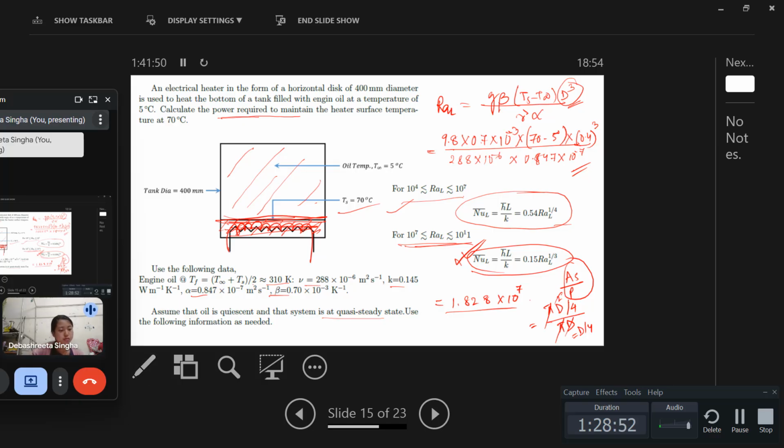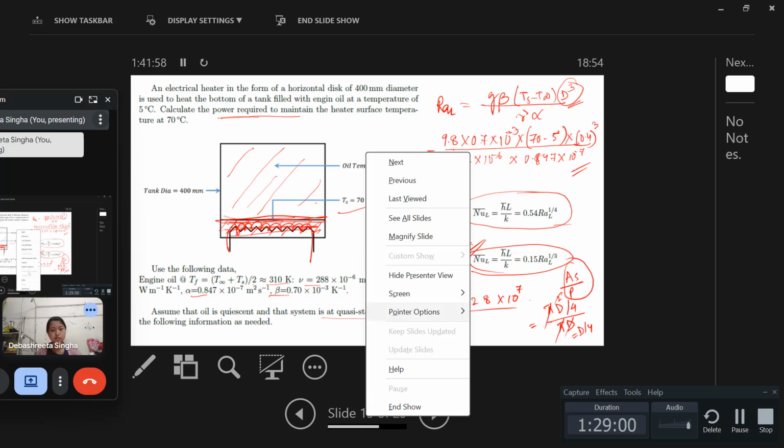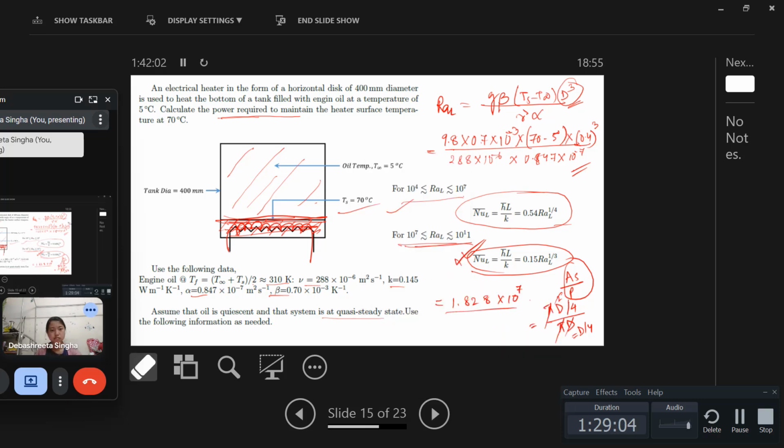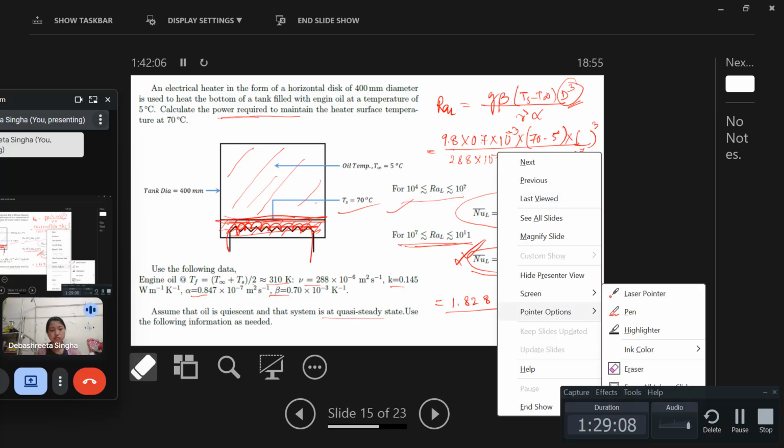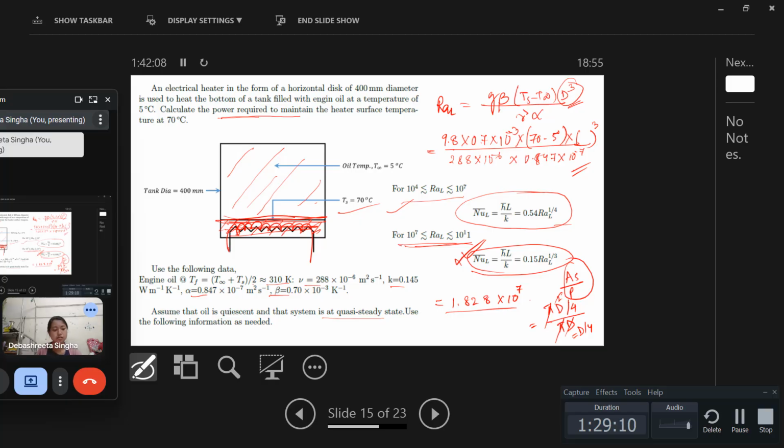Okay. So this characteristic length becomes 0.1.